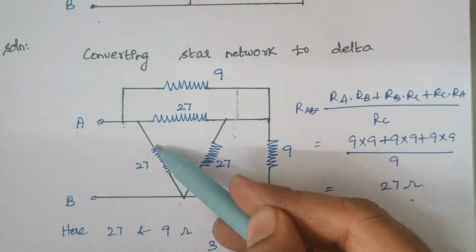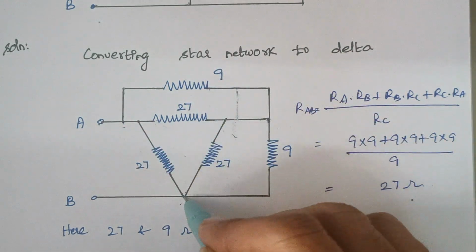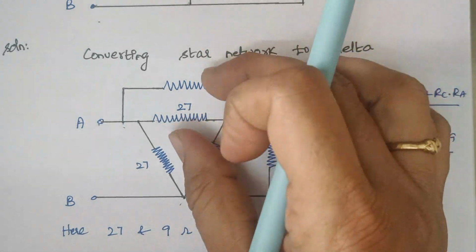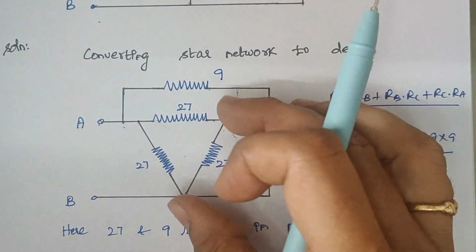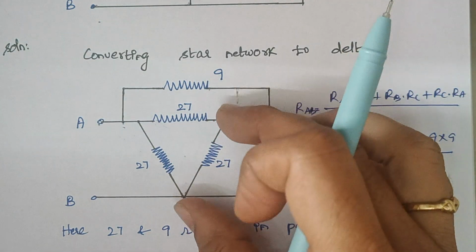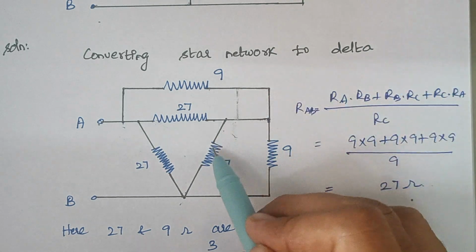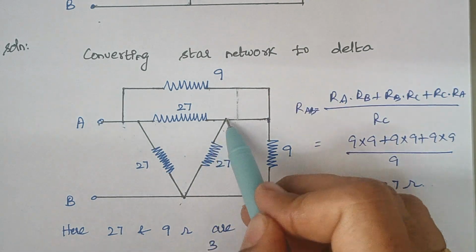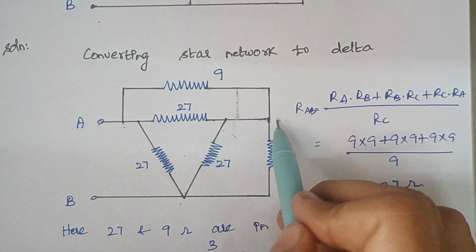Since this 27 ohm resistor has one end connected to A, whereas the other end is connected to B, therefore these 2 resistors are said to be in parallel. Again when you observe, this 27 ohm and this 9 ohm are in parallel because one end of 27 ohm and one end of 9 ohm are connected together at a common point.